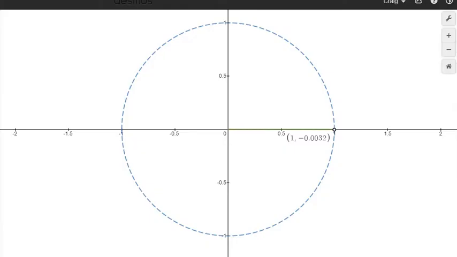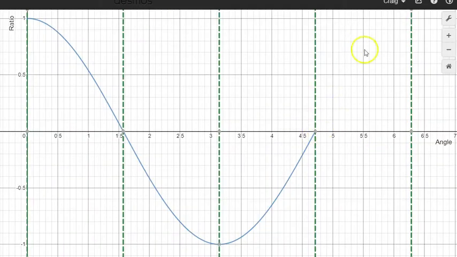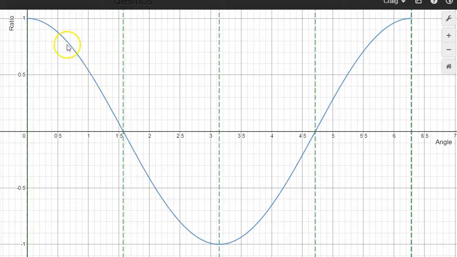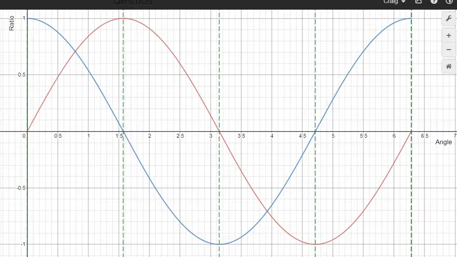And then remember the length of this green line here is positive in quadrant 4. So what we're going to expect is this to be positive here. Neat.